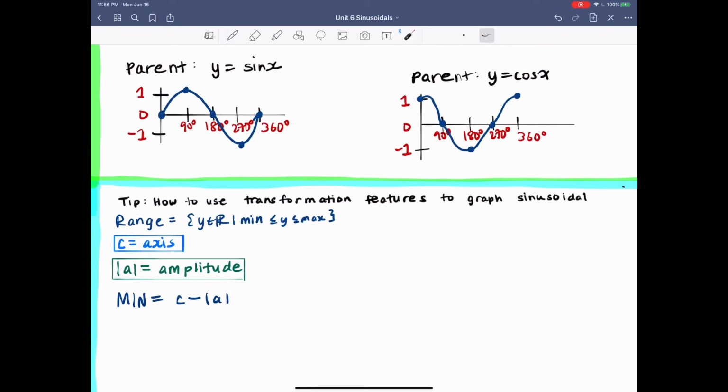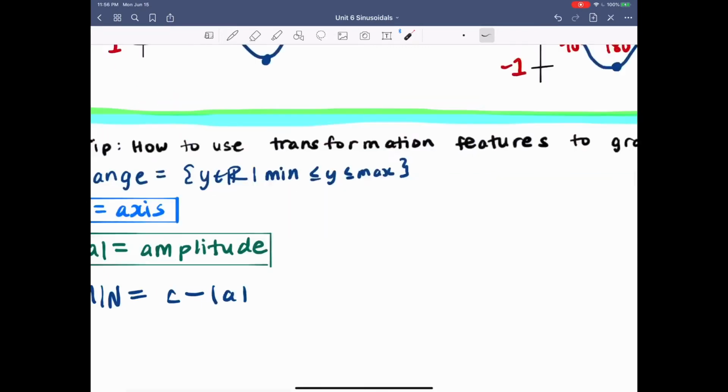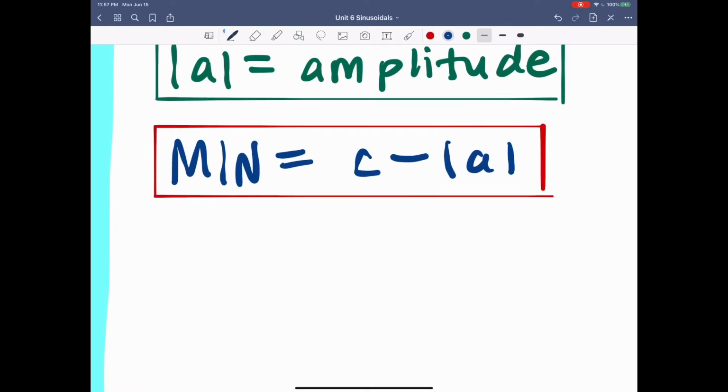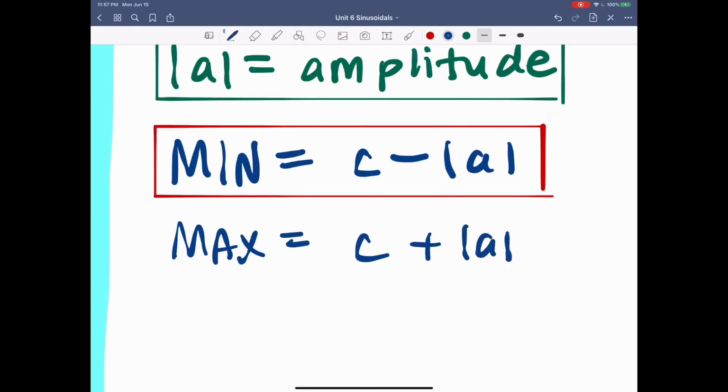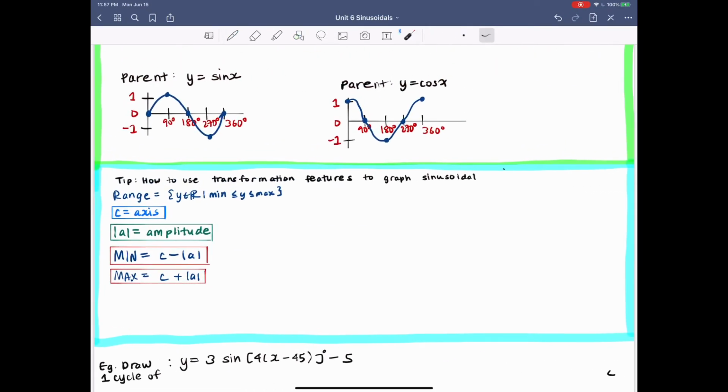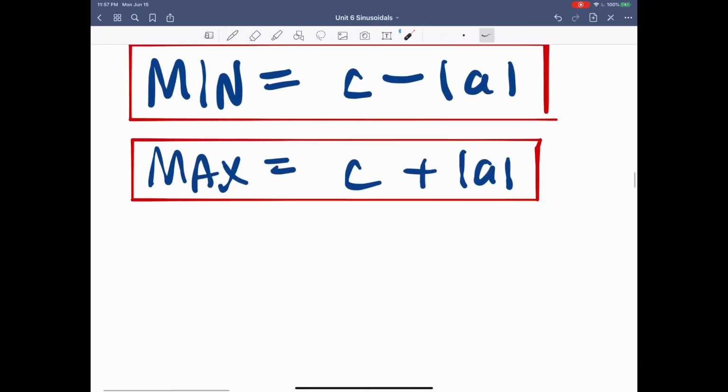I.e., if you have an axis of 0 and you subtract the amplitude value of 1, you're now at -1. So could you guess what's going to happen for the maximum? You're going to start off at the axis and add the amplitude. So you have an axis value of 0 and you add 1 to it, and that's what you have.